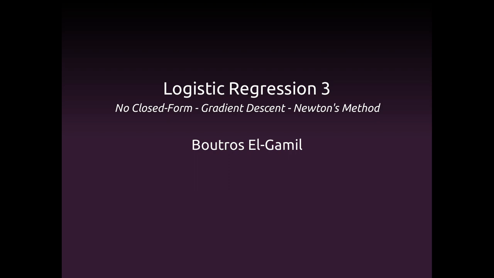And in today's video, I will talk about the common ways we can use in order to build our classifier using either the gradient descent algorithm or the Newton's method.